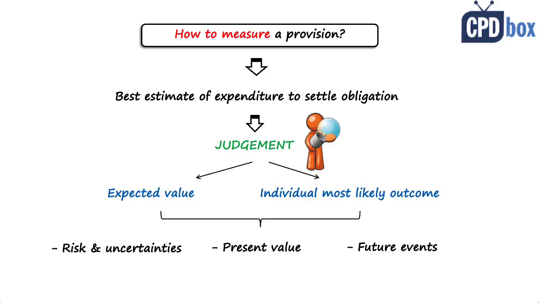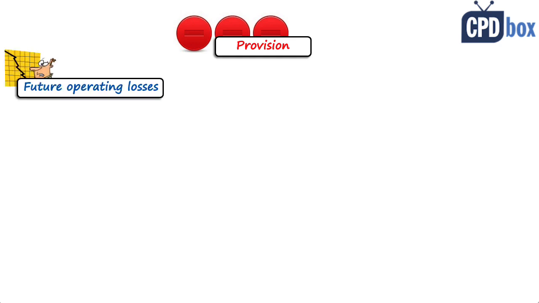Now, there are certain specific situations directly addressed by IAS 37 in relation to provisions. The first one is future operating losses. Well, future operating losses do not meet the definition of a liability because there is no past event, so the entity has no obligation, neither legal nor constructive, and therefore standard IAS 37 prohibits recognizing a provision for future operating losses.